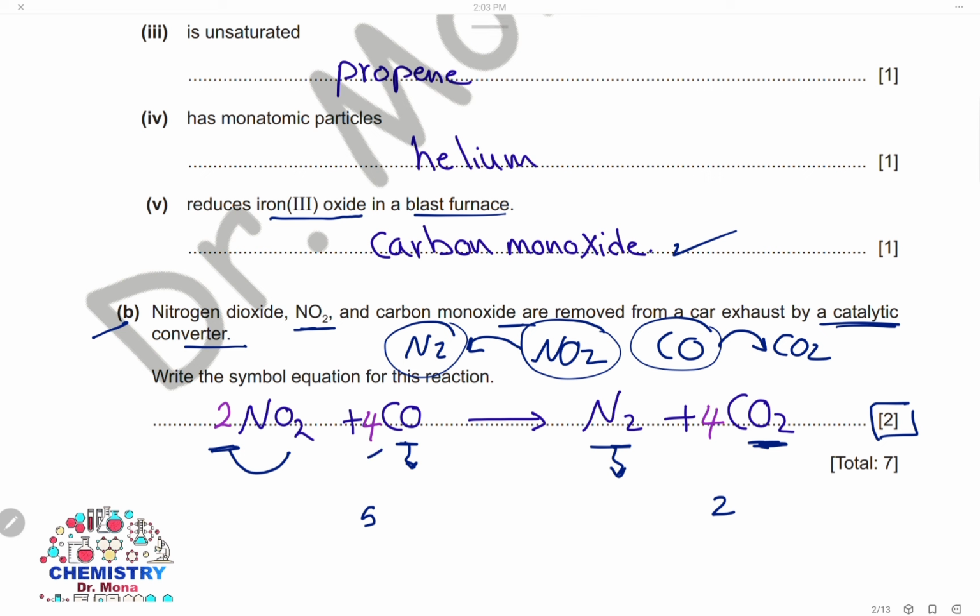We will add 4 in front of carbon monoxide. So the oxygen will be 4 plus 4. We have a total of 8 oxygens on the left side, and 4 by 2, we have 8 oxygens on the right side also. Now the equation is balanced.